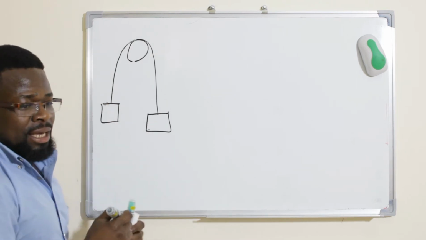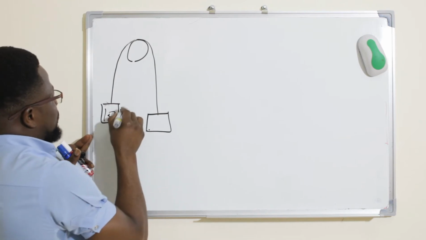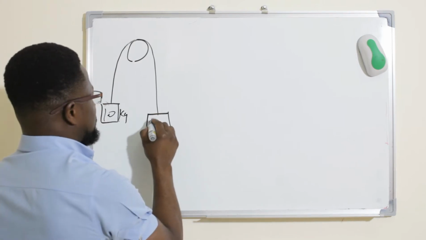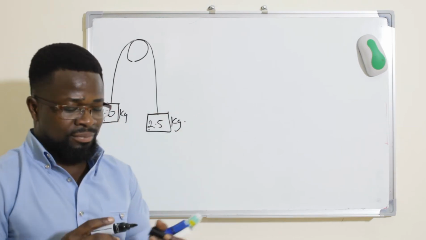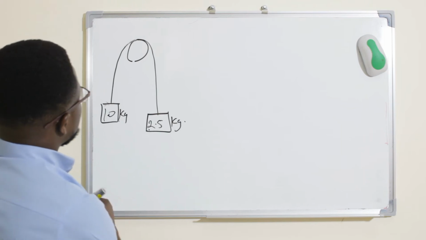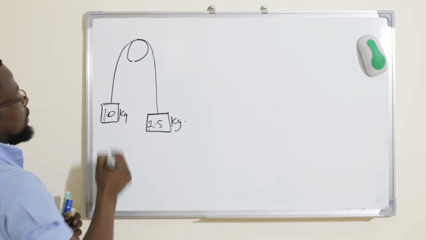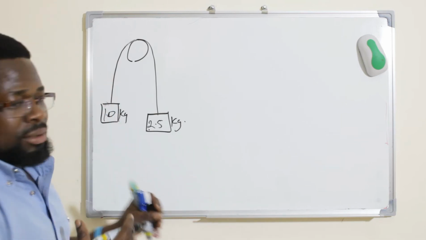Let's check and see. The mass of this is 1.0 kg. The mass of this is given as 2.5 kg. What we are looking for is we want to find the acceleration and the tension in the cord.